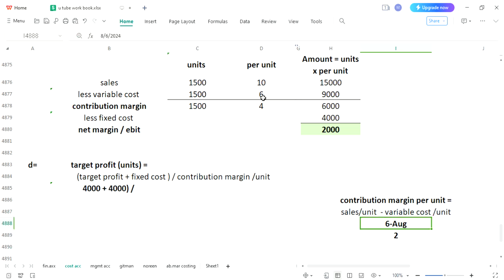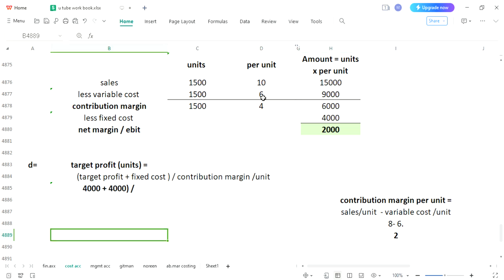It has been taken as a date. We need to subtract 6, and let's put a decimal beside it. Just learn, if you put a decimal, Excel would not take it as a date. Look over here. So 8 minus 6, 2. This is our new contribution margin per unit for D point.